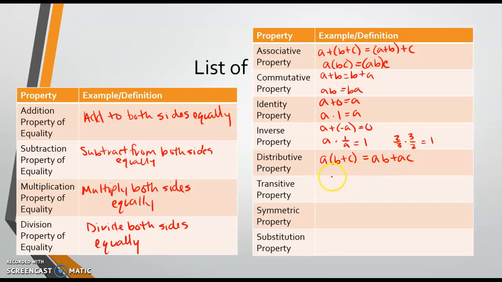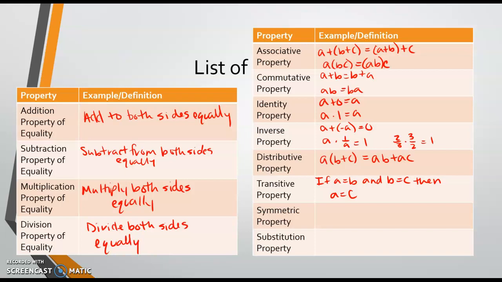Now, the transitive property, that's the one we talked about in our last proof. So what that is if A equals B and B equals C, then A equals C. It's like making a train. Think transitive train.